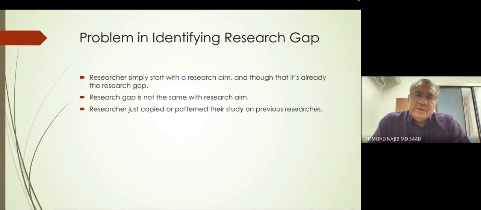So normally, researchers simply start with a research aim, and many of them claim that the research aim is already the research gap. But in real practice, the research gap is not the same as the research aim.